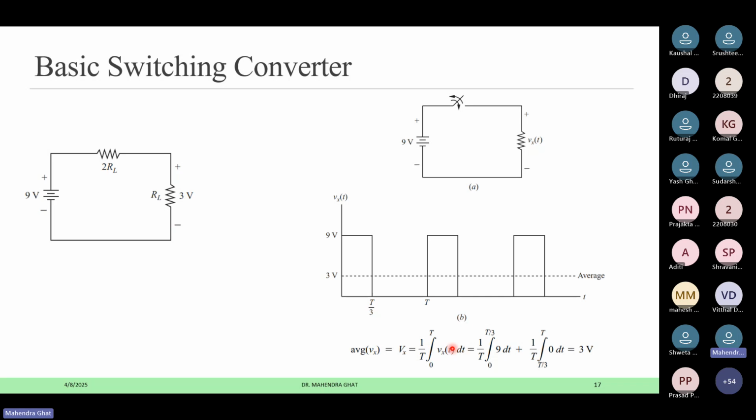So here you can see, Miss, I want to get 9 volt input down to an output of 3 volt. Now, if we add 2 RL in series with the existing RL, the voltage across it will be twice the voltage across the load. That means 2/3 of the input voltage is applied across the added resistor and the remaining 1/3 across the load.